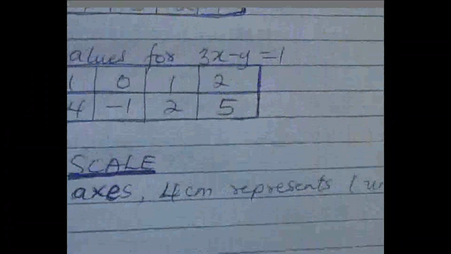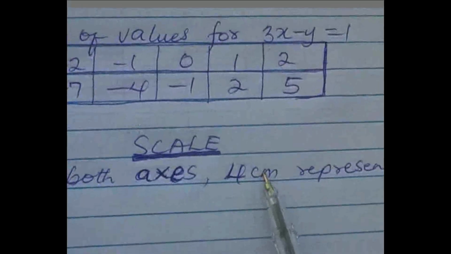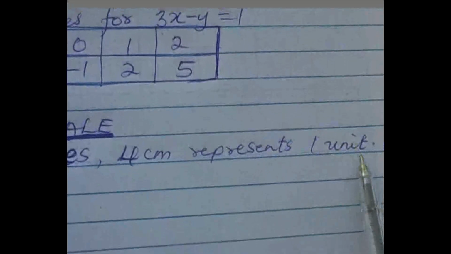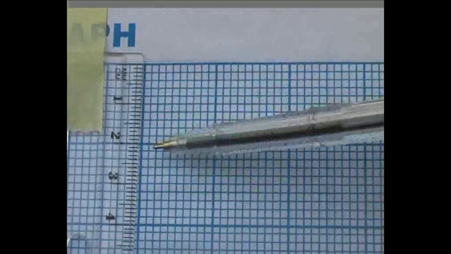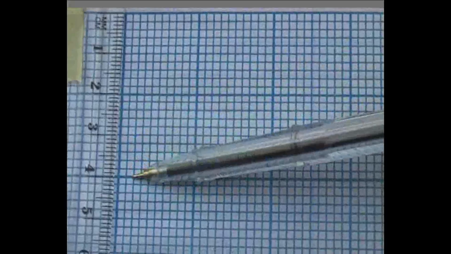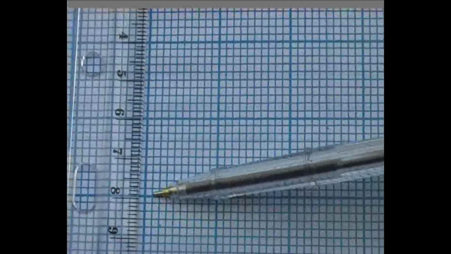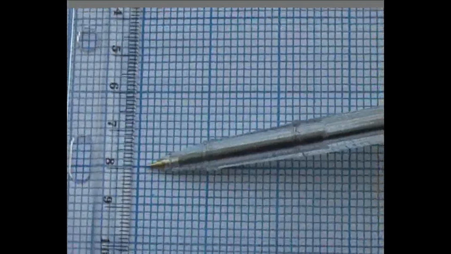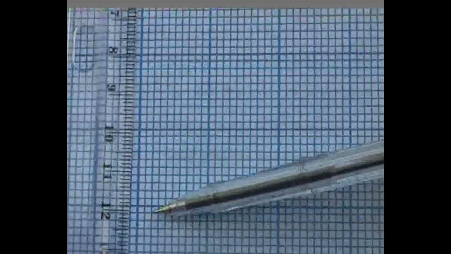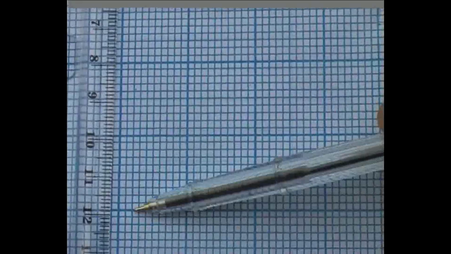That's exactly the explanation of the scale we have, that 4 centimeters represents 1 unit. That means from this place to this place is 2 cm, to this place 4 cm, we are going to have 1 unit. It will continue to this place, we're going to have the second unit, which will make it 2. To this place, we're going to have the third unit, which will make it 3. And it's going to be like that.